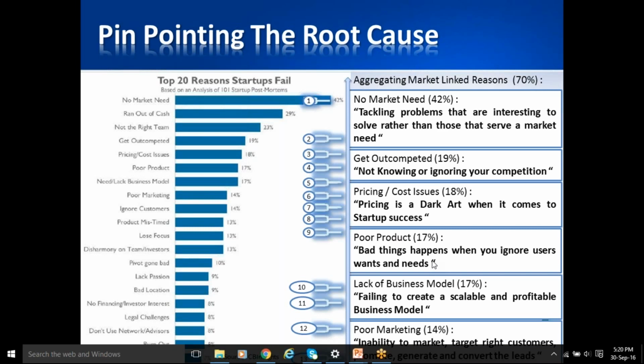So this is what we generally give most of the time once our products are ready to market. Most of the time goes in marketing, and it attributes 14% of the reason for the failure. So like point number 1, point number 2, point number 3, point number 4, and point number 5, these are the major contributors, and these are the strategic points.